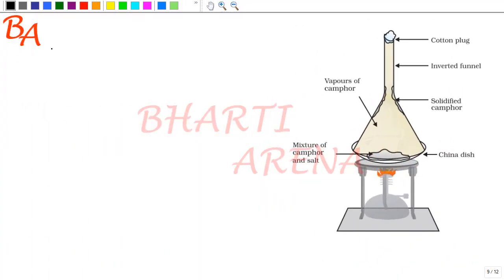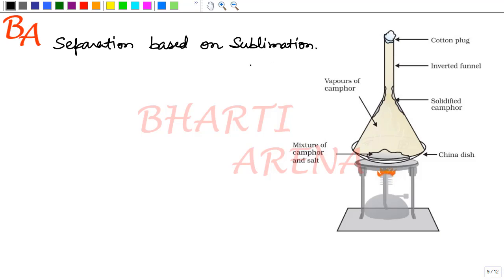Next is separation based on sublimation. We all know about sublimation, that in the case of sublimation the solid is directly converted to gas. There is no liquid phase, it is converted into gas directly.